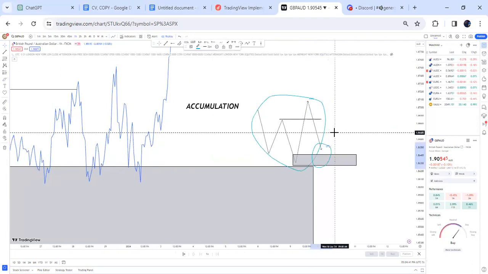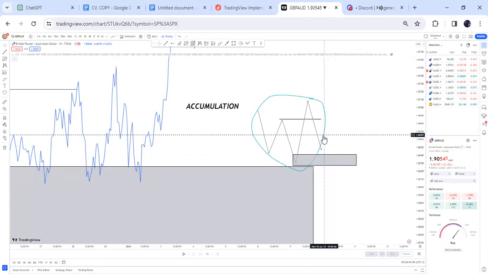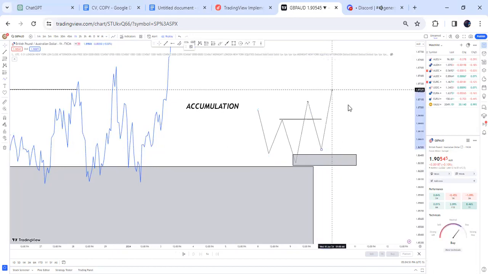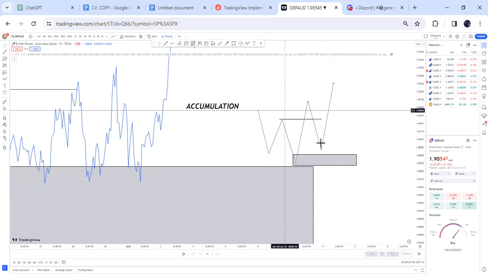That is what a reaccumulation is, right? Because price is fractal. If this is going to shift to the upside, then what happened here would also happen here.